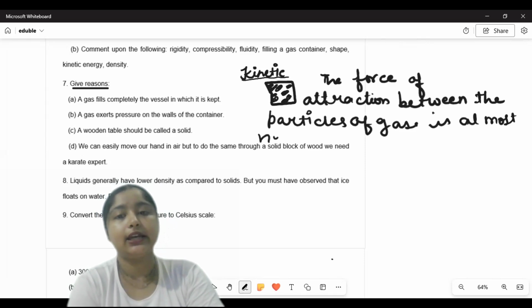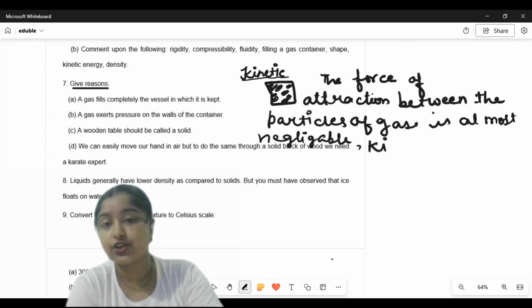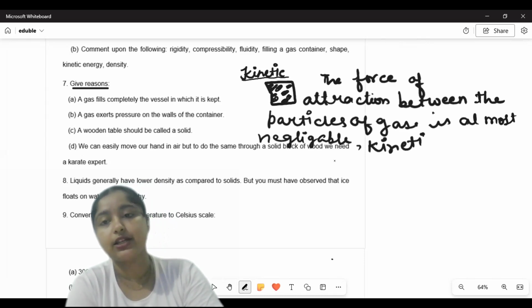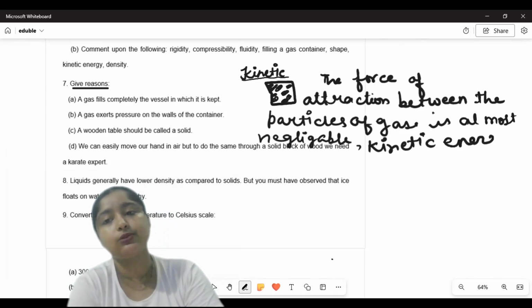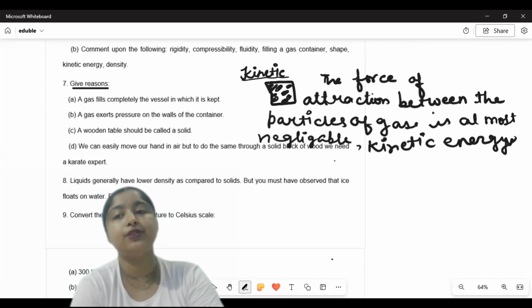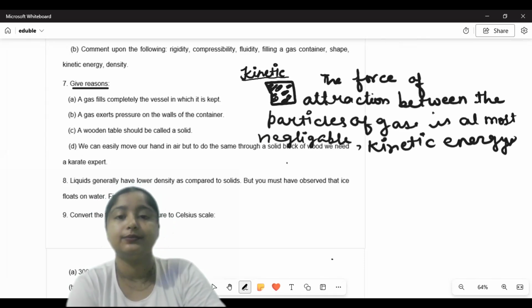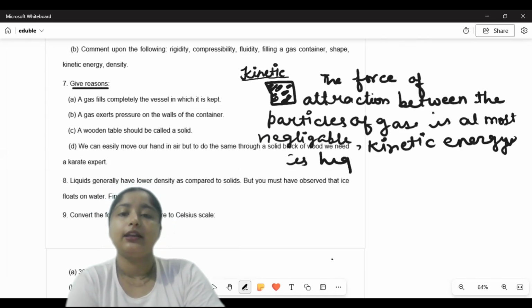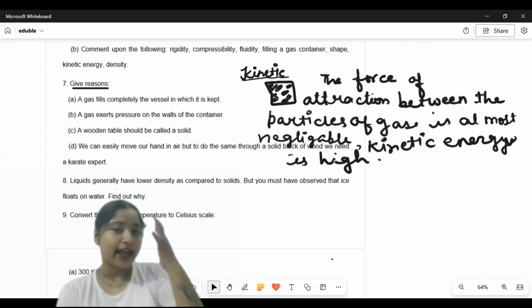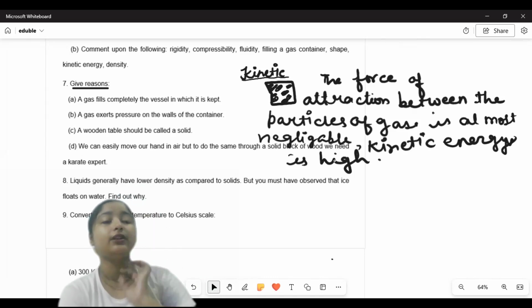That is why kinetic energy is high, and that is why it takes up the complete space. It fills the complete vessel. Exactly. Now, let's move on to the next question of question number 7.